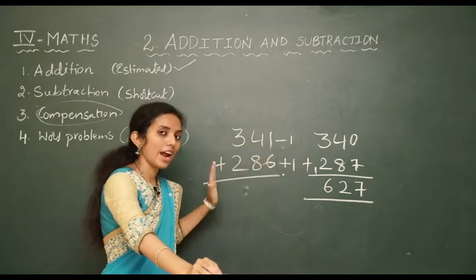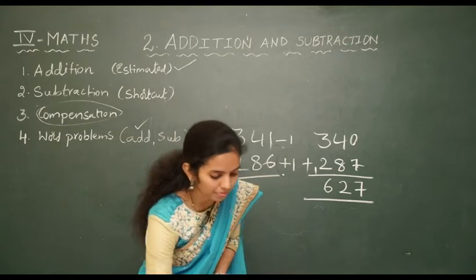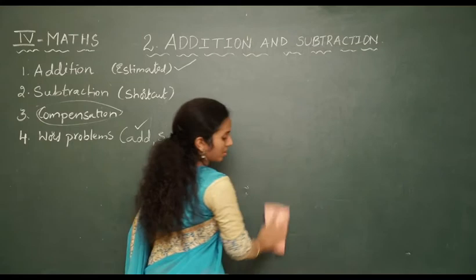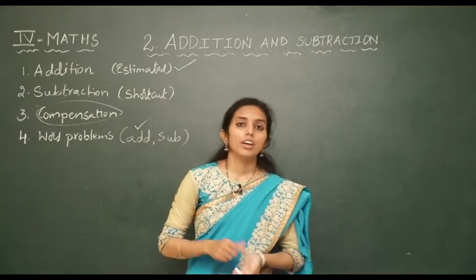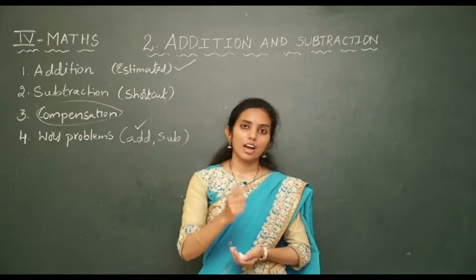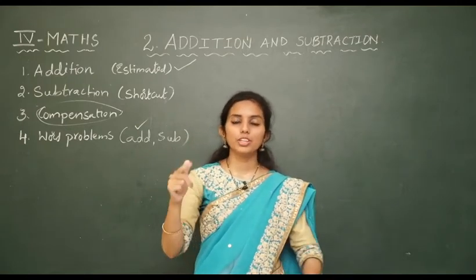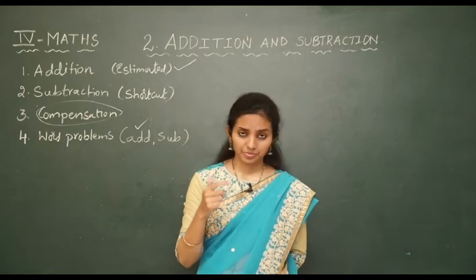This is for addition. Then what about subtraction? For subtraction also we have one more process, the compensation process. What is it? If you want to make the subtraction simpler, make it to the round figures. How much amount you have to deduct to make a round figure?